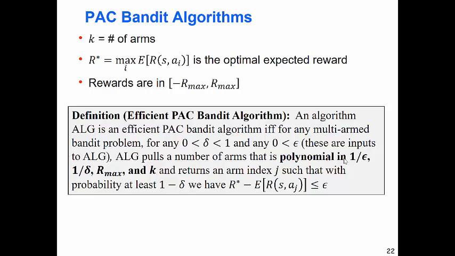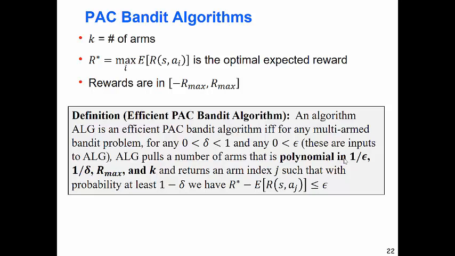So why does that make sense? Why would we expect that in order to meet our guarantee, the algorithm is going to have to do more pulling for small epsilon and small delta? Does that make sense? Make sense to somebody? Make sense to anybody over here?